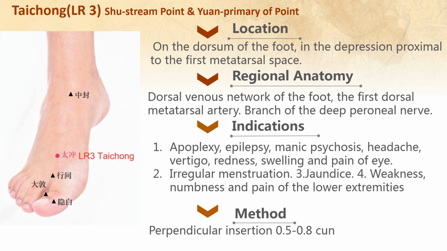Taichong LR3 is the stream point and the yuan-primary point. Its location is on the dorsum of the foot, in the depression proximal to the first metatarsal space. Its regional anatomy is the dorsal venous network of the foot, the first dorsal metatarsal artery, and a branch of the deep peroneal nerve.